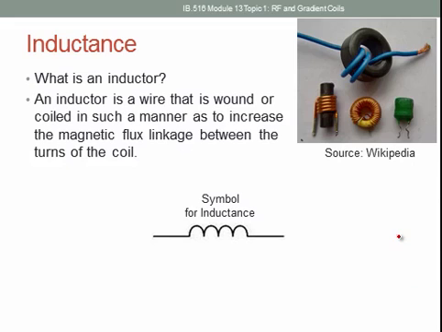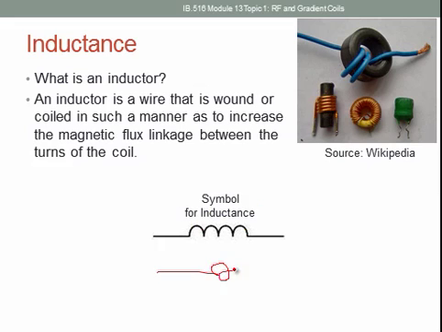So again, as I mentioned before, we're building up to the LCR, or the RLC, resonant circuit, and part of that resonant circuit is an inductor. So what is an inductor? It's really just a loop of wire wrapped around a piece of metal, like as I'm showing here in the different examples. That's why the symbol for inductance looks like a loop.